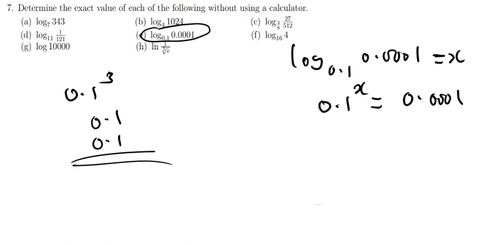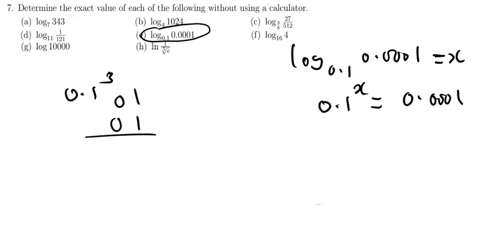okay, when you are multiplying these, you can ignore the decimal point. You just say 01 times 01. So 1 times 1 is 1, 1 times 0 is 0, so the final will be 1, 0, 0.